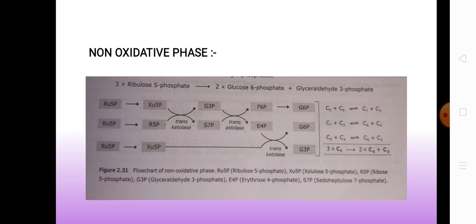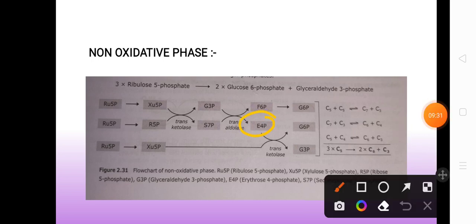Now erythrose 4-phosphate will react with xylulose 5-phosphate in the presence of transketolase, right? Transketolase will take a 2-carbon containing molecule from a ketose. Here the ketose is xylulose 5-phosphate.